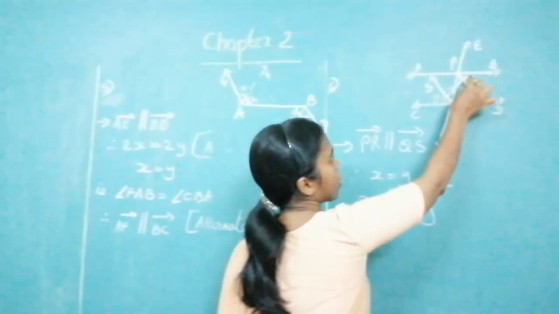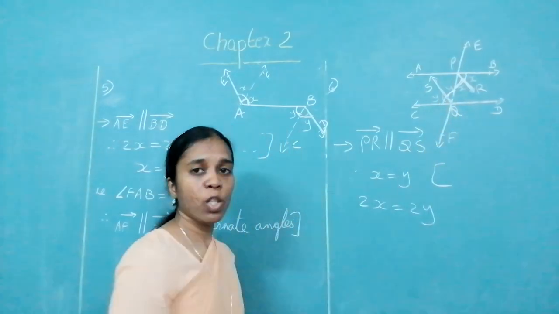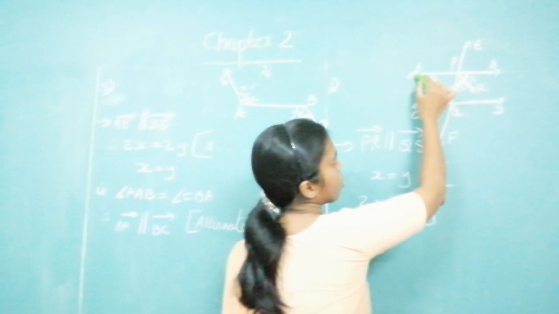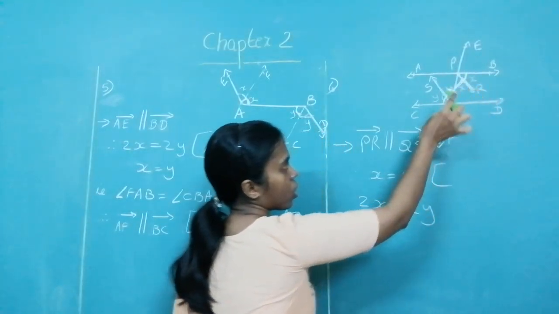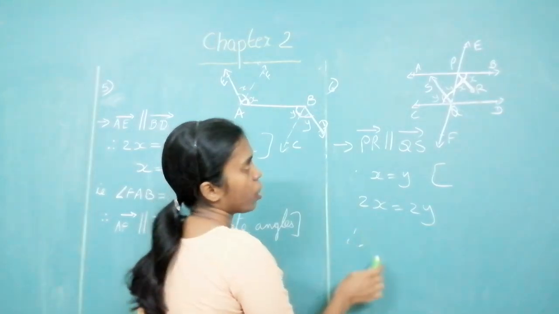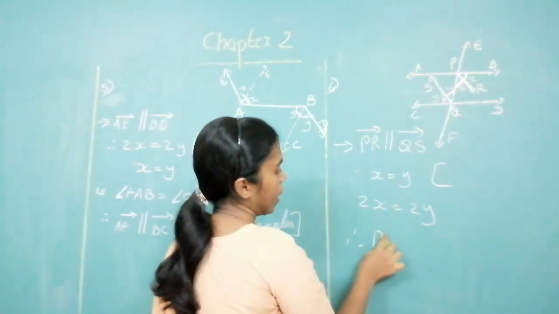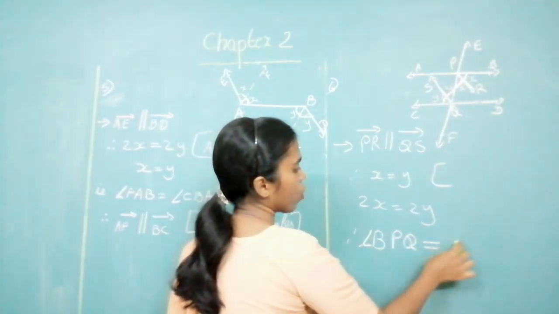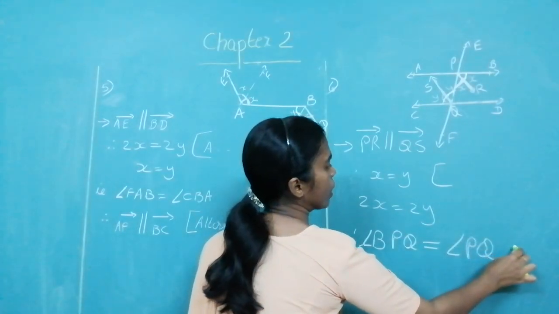Now when I say 2x is equal to 2y, this is 2x and this is 2y. They are the alternate angles of which lines? Alternate angles of these two parallel lines. I am talking about this entire angle. 2x is equal to 2y. Therefore, you can say that 2x, that is angle BPQ, is equal to angle PQC.